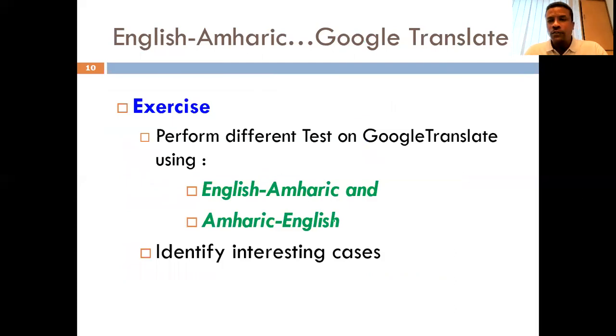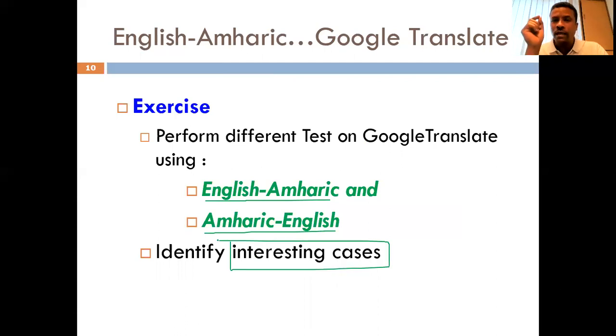So this is the exercise for tomorrow. Try to do translation from English to Amharic and from Amharic to English and identify interesting cases, okay. And what I want you to do is make sure to post that on our Telegram group. Post what you find on the Telegram group, and if you can, try to give some insight, try to reflect on why the translation happened in such a way.